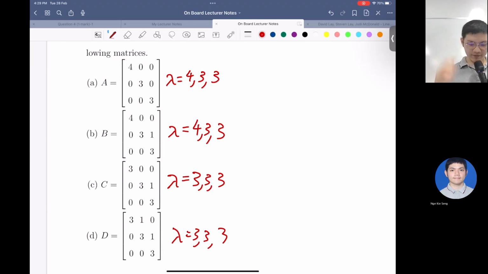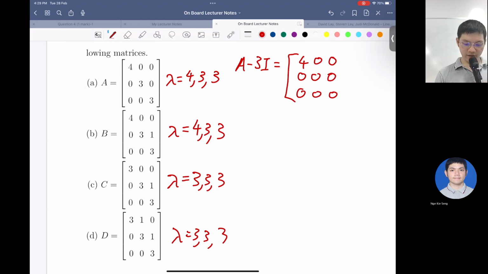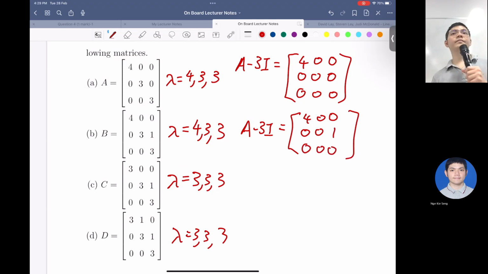So for example, let's look at A minus 3I. What is A minus 3I here? It should look like 4, 0, 0, 0, 0, 0, 0, 0, 0. How about B minus 3I here? Here is 4, 0, 0, 0, 0, 1, 0, 0, 0.